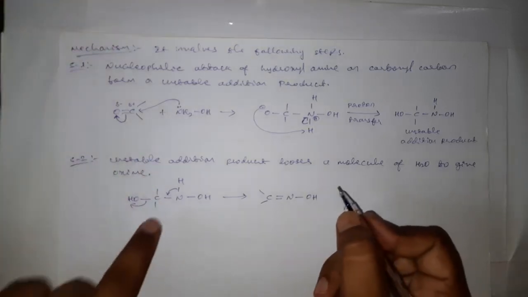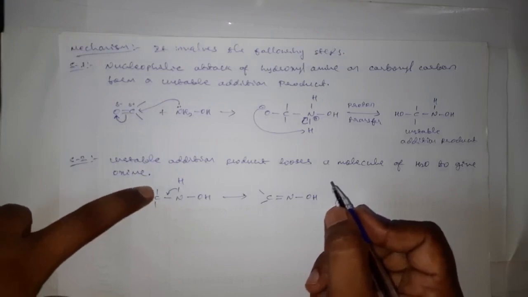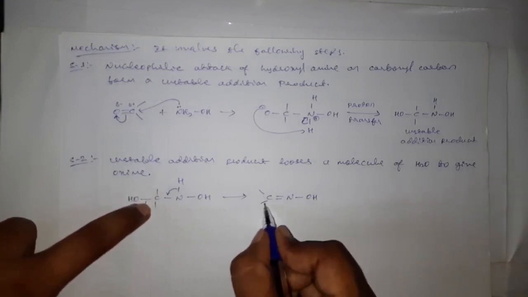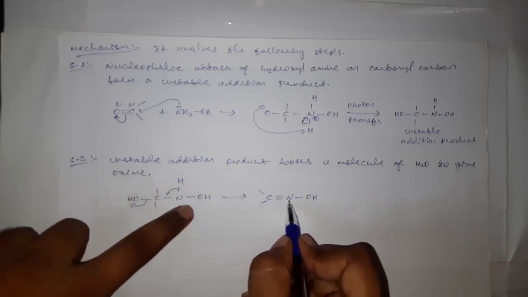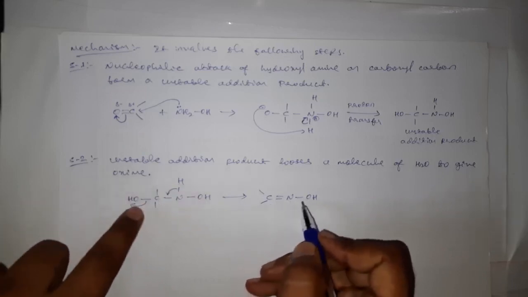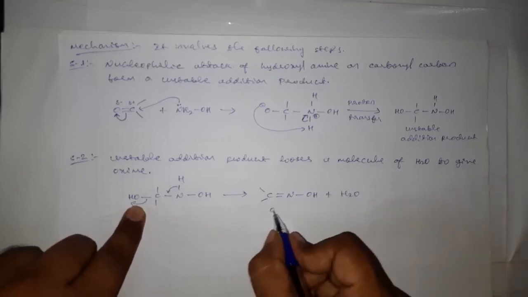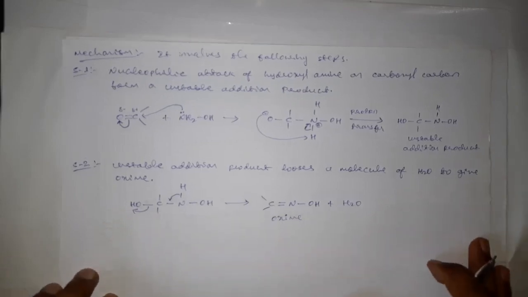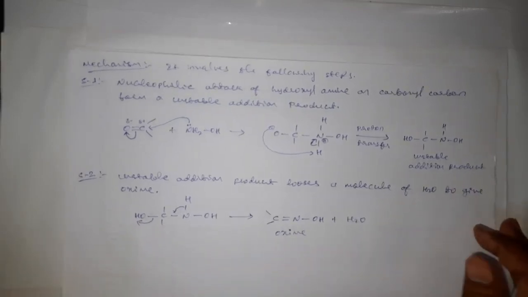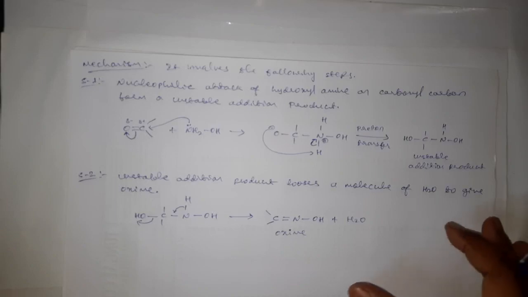After losing this, the carbon will have C double bond N OH. This hydrogen is also going with this OH as water. The oxime is the product. Okay, this is all about the mechanism of addition of hydroxylamine to aldehydes and ketones.